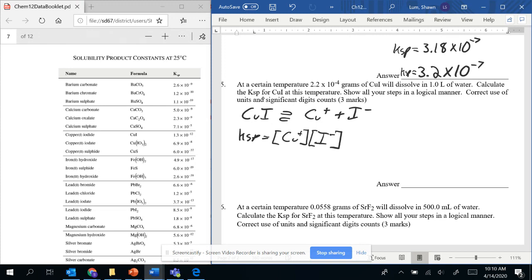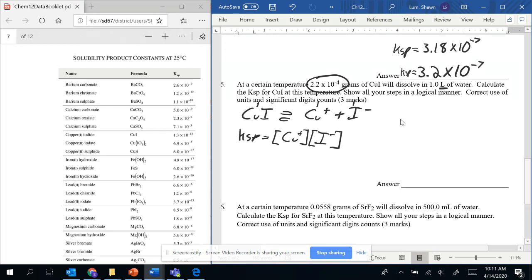Now, this is going to be a 1 to 1 to 1 kind of ratio right here. And all of these numbers need to be calculated in molarity. We're given grams per 1 liter of water. So what we're going to do is convert this 2.2 times 10 to the negative 4th grams into moles divided by 1 to give us molarity, and then we can plug it into our Ksp expression.